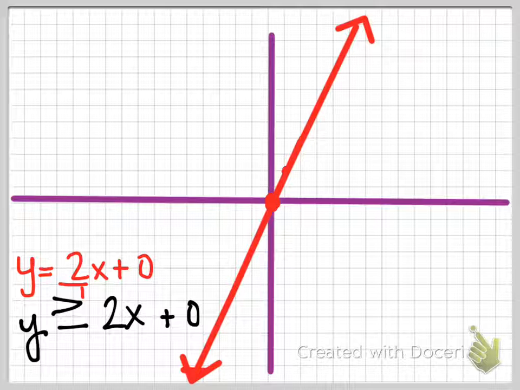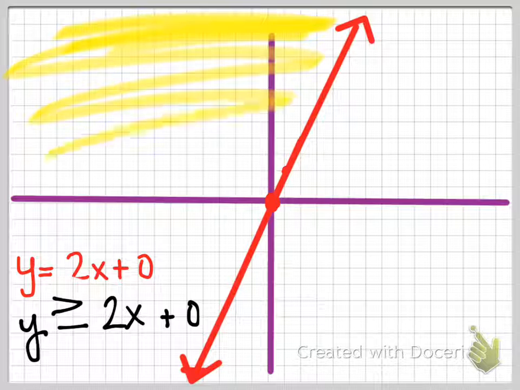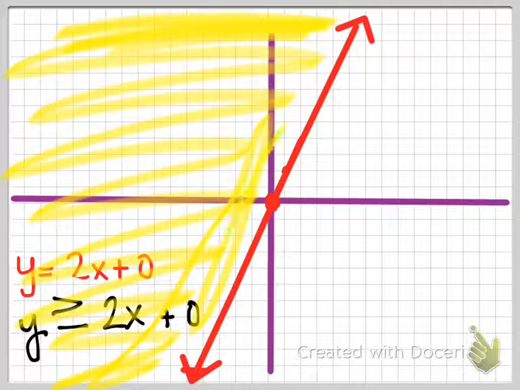Now, is it supposed to be a broken or a solid line? Well, since you have greater than or equal to, that means it's a solid line. Remember, if it had just been a greater than, you would have to dash this line. This one is not. It's the same as a closed circle or a bracket, so we have a solid line. Greater than is above, so we're going to shade everything above this line.